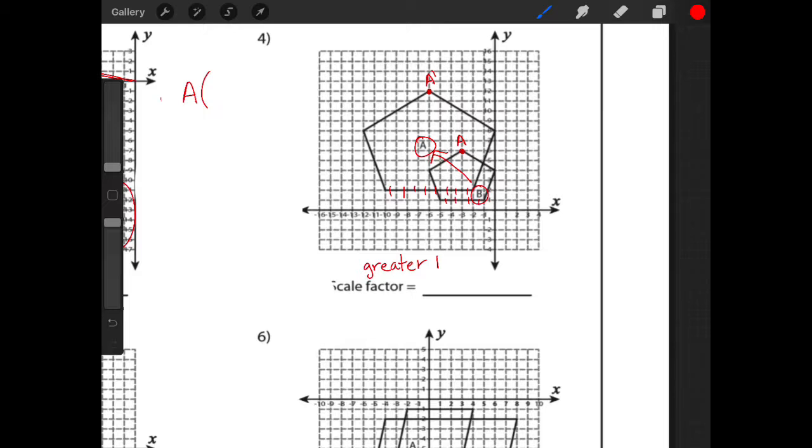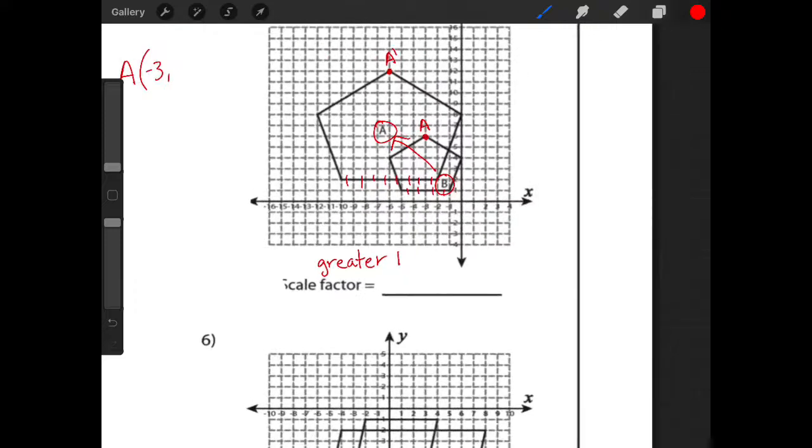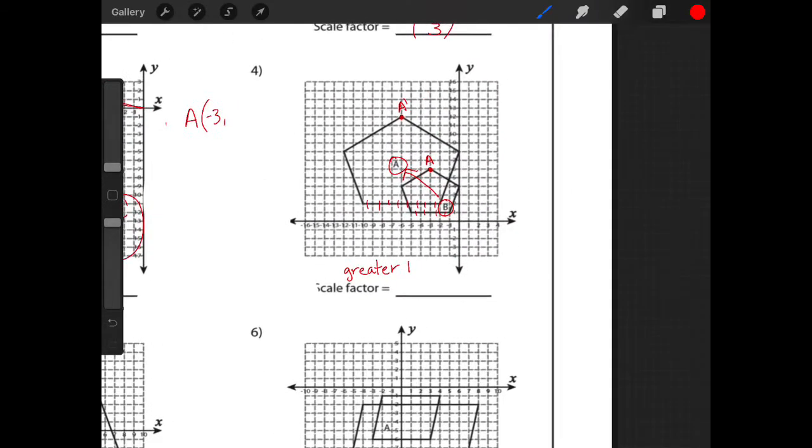So my original A is at negative 3, positive, it's hard to read that on my thing. I think that's at 6. So negative 3, 6. And then my A prime is at negative 6, positive 12.